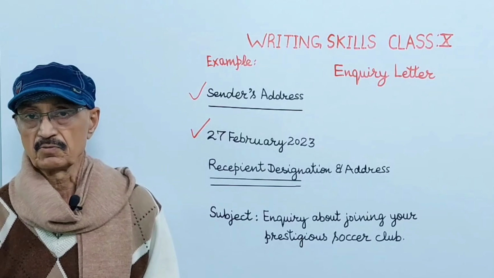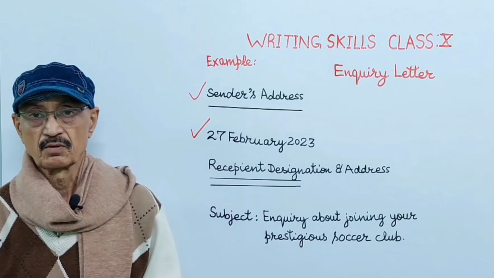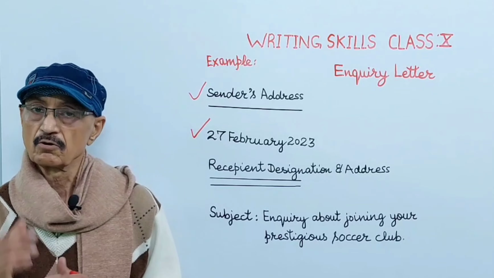And remember, always begin subject line with a noun. Some students write subject line like this: regarding, complaining. No, this is not correct. Never use subject line with a present participle, non-finite.